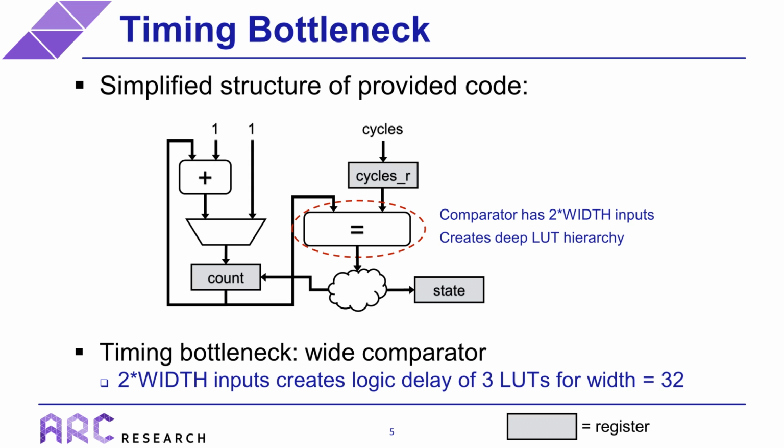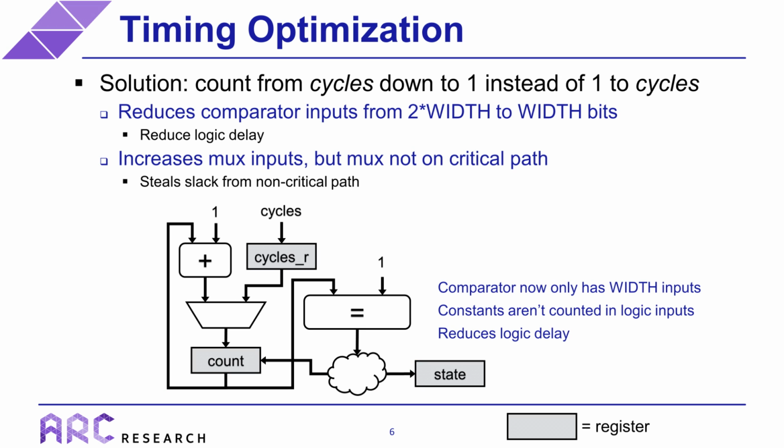So instead, we're going to look at a different type of optimization, and we are going to try to reduce the number of logic inputs to the comparator to reduce the depth of the lookup table hierarchy. So how do we go about doing this? Well, one trick that can sometimes be used is to replace inputs with constants.